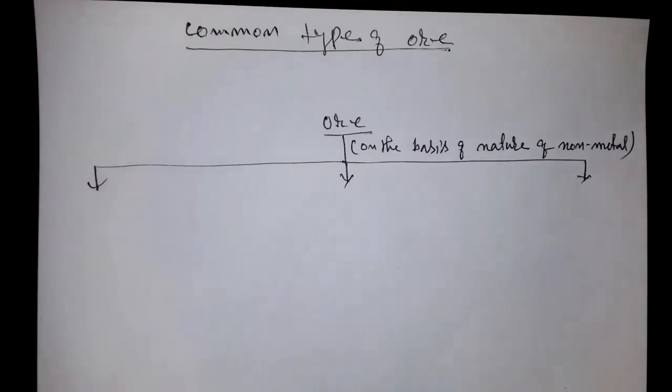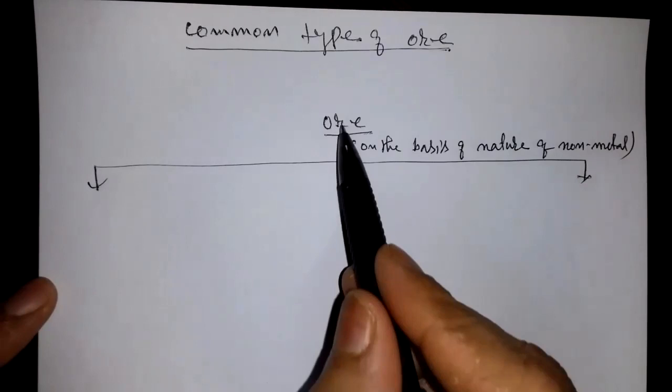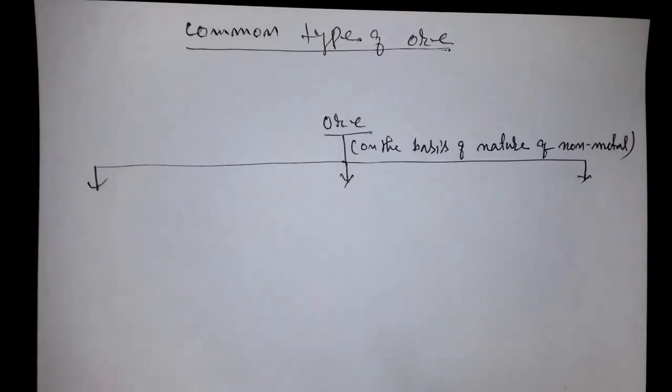Any metal name we are not going to check, but only the non-metal. Some ore may have only one type of non-metal, some may have more than one. So by looking at the nature of non-metal, we are going to classify the ore.